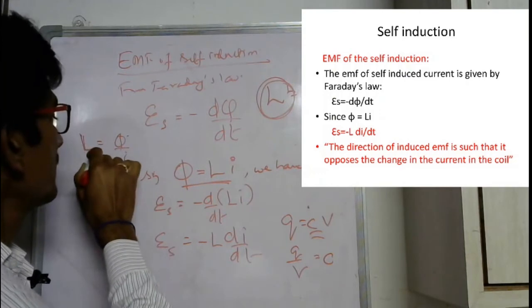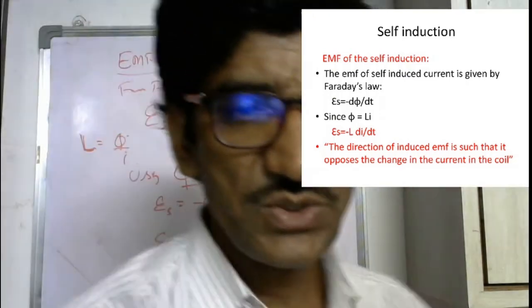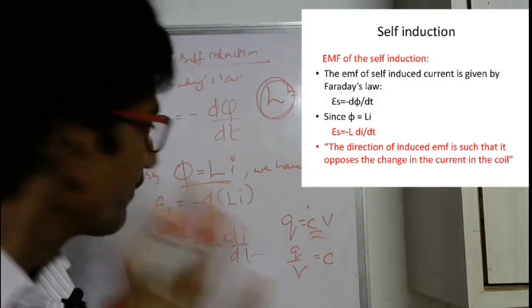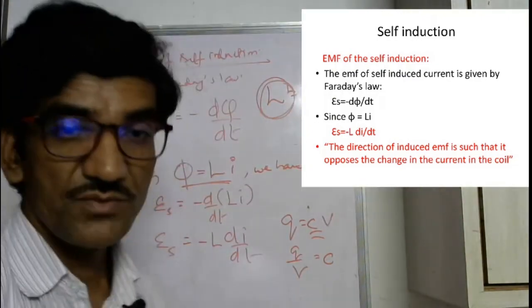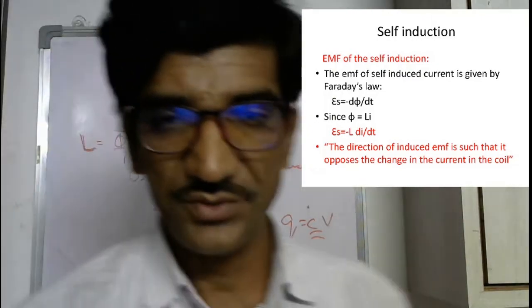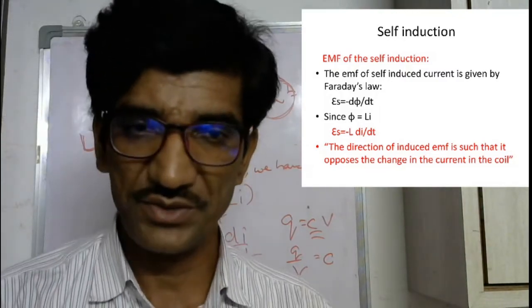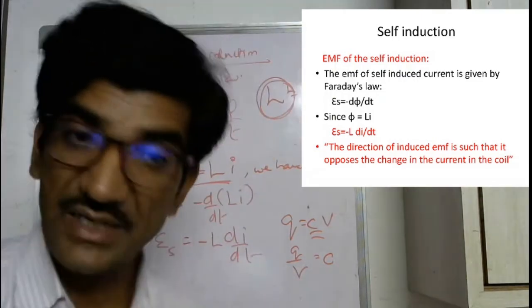So this L is always constant. So L does not depend on I. This is the important thing you have to remember. L does not depend on the current flowing through a wire. It depends on the shape and size of the conductor.